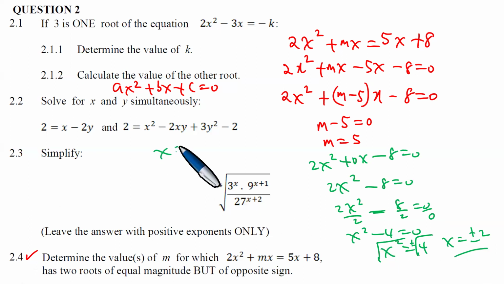And we're able to see, therefore, that x is 2 or x is minus 2. So these are two roots of equal magnitude but opposite signs, because we have 2 here and minus 2, and these are of equal magnitude 2, but they're of opposite signs. One is plus and the other one is minus.